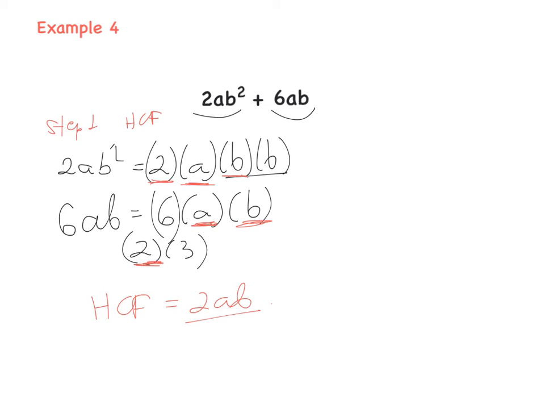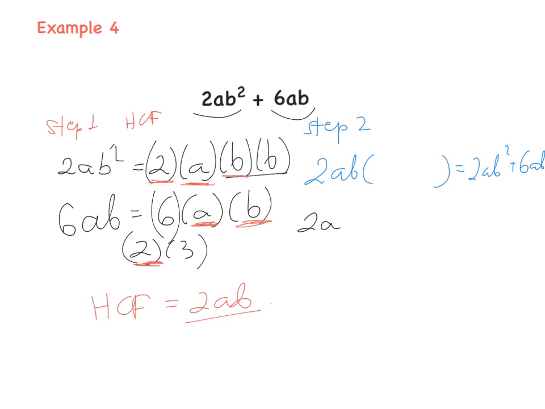You need to find the factors of numbers as well, okay? If we have it, we can go straight to the step number 2. So let's write down 2ab in front of the bracket, and this equals 2ab squared plus 6ab.